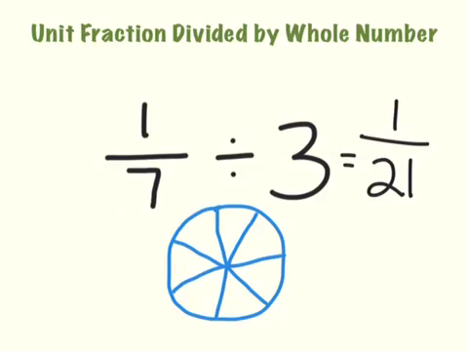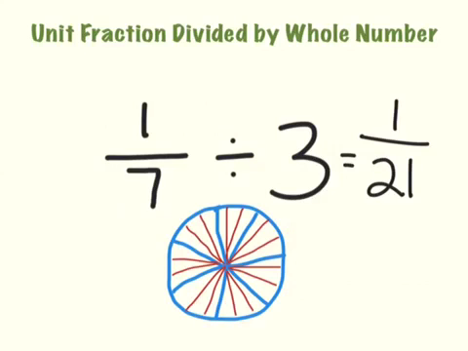Now, 1/7, just one of these pieces here, needs to be divided into 3 parts. So I can do that very carefully, like that. So the question is what is this part right here? What is one of those pieces compared to the entire circle?